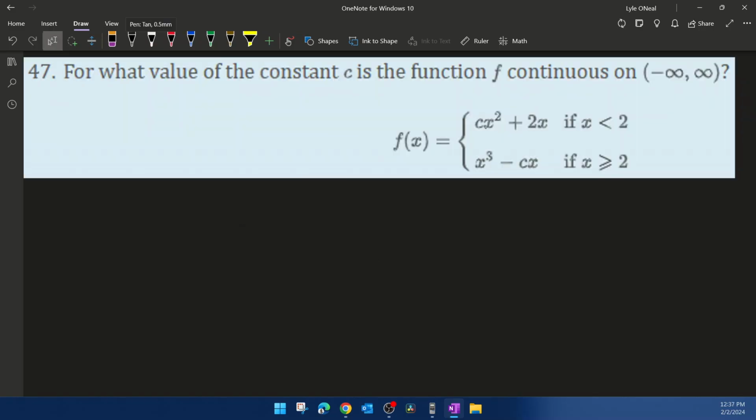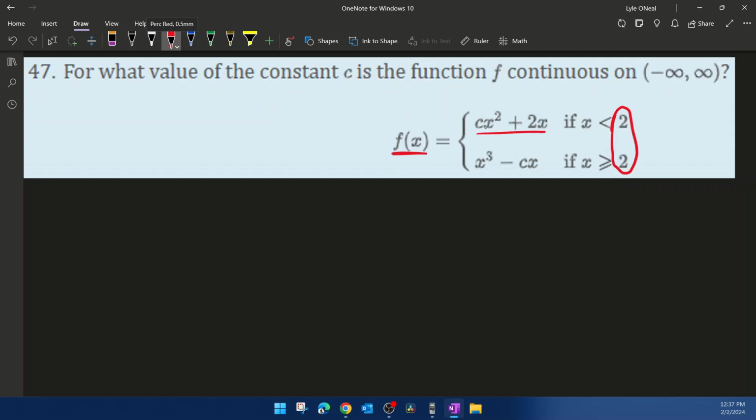Next, we have another example. It says, for what value of the constant in this piecewise function will the function be continuous over all real numbers? And if I didn't make it clear before, let me state that the main point of concern for a piecewise function is the transition point.